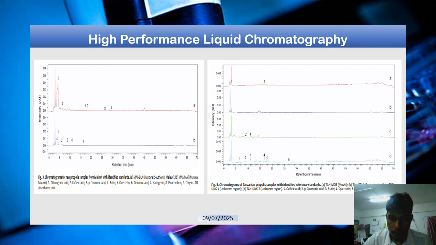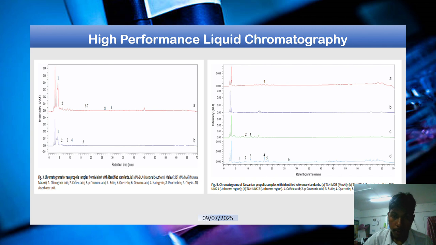These are the results from the research, a graph of absorbance intensity versus retention time, and the samples were collected from four different regions: Malawi, Tanzania, Zambia, and Nigeria.